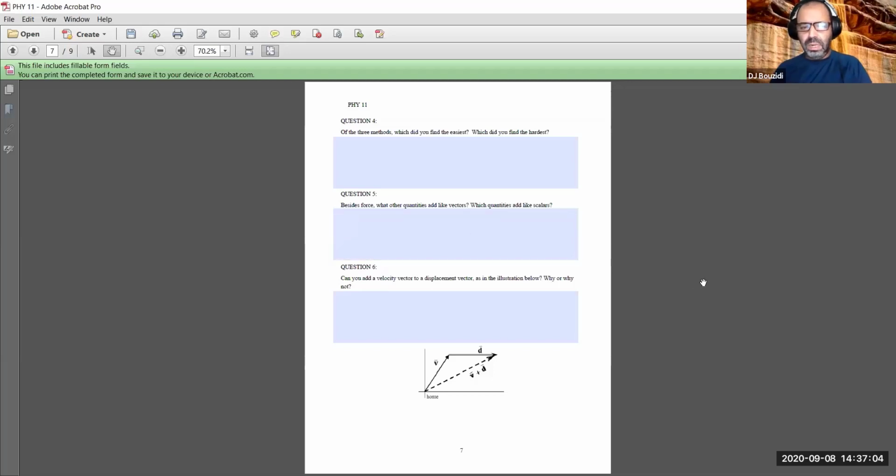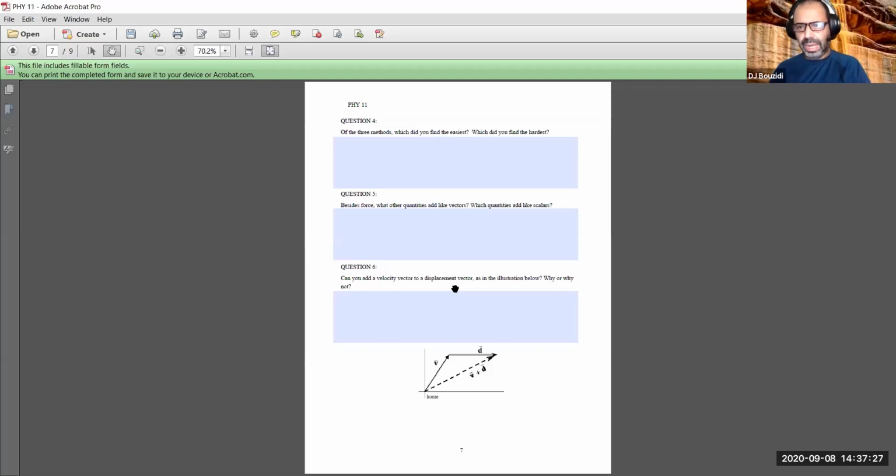Can you add the velocity vector to the displacement vector? Of course not, because you can't mix and match. That's a mismatch of units. A velocity vector can only be added to a velocity vector. A displacement vector can only be added to a displacement vector, and that's it. Why or why not? The reason why not is the mismatch of units.